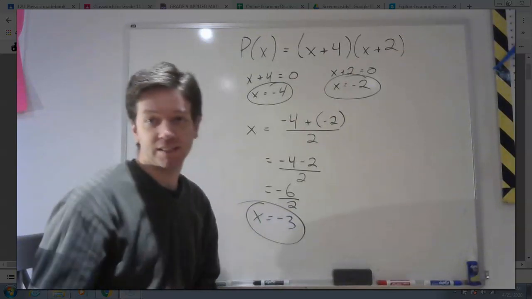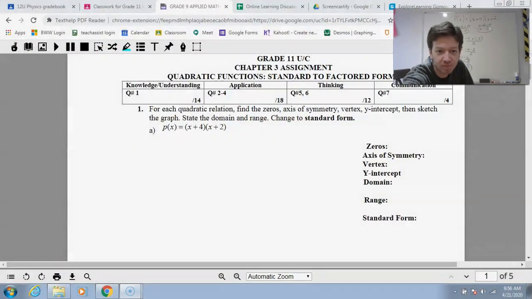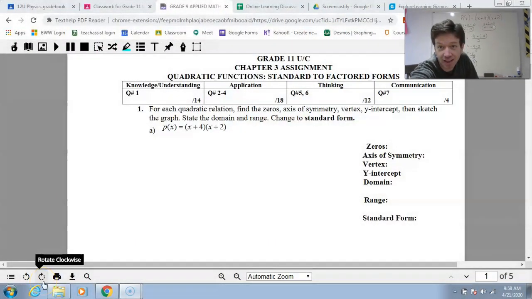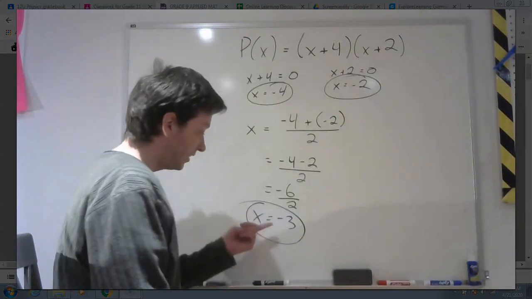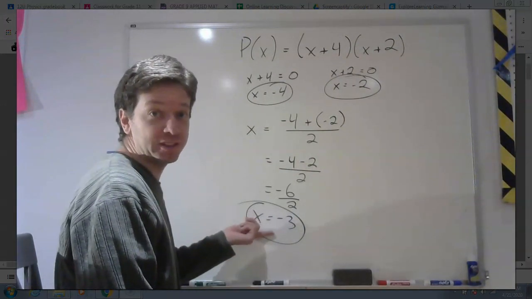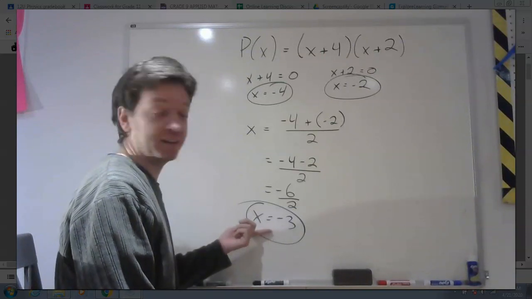Now the next question, let me just double check what the next two questions are. The vertex and the y-intercept. Alright. So this is the x-coordinate for the vertex. So after you find the axis of symmetry, you're halfway to finding the vertex.